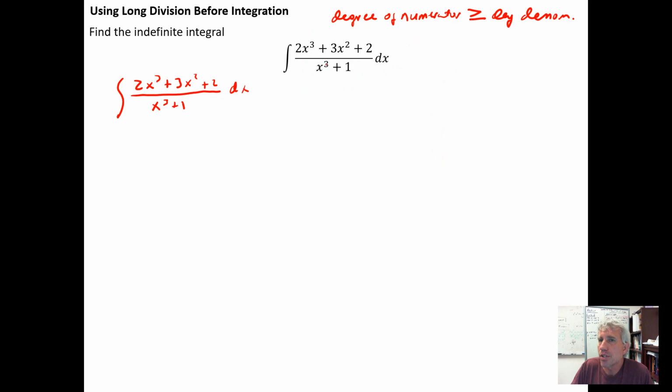I mean, you could think about trying to do a u substitution, but what you want to notice is that if you do a u substitution for the denominator, which we've been doing in some of the previous examples, you're going to get du/dx equals 3x squared, which is sitting here, but it doesn't differ from the numerator by just a constant. In fact, it differs from the numerator by more than one term.